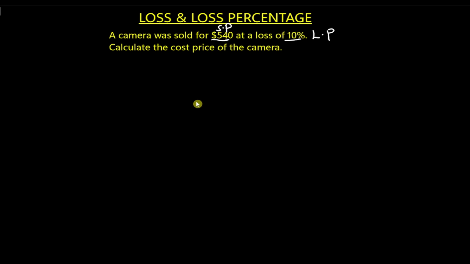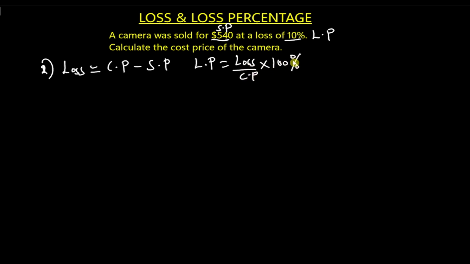We are going to use two methods. The first method, we are going to use the formulas, and then the second one, we are going to use the ratio approach. Now, the first formula we have to know is that loss equals the cost price minus the selling price, and loss percentage equals loss over the cost price times 100%.